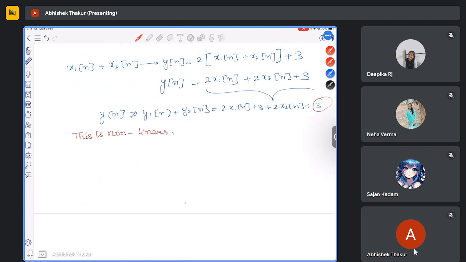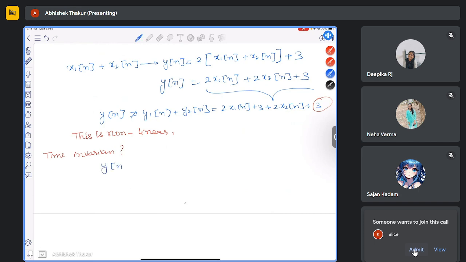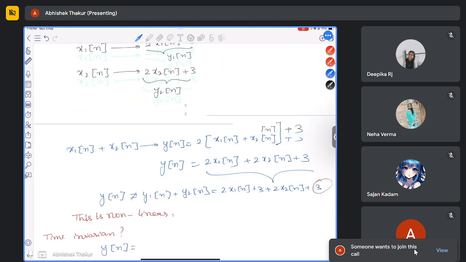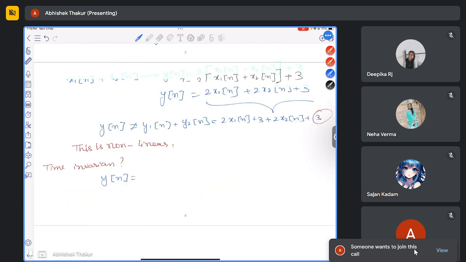Now we will check whether it is time invariant or not. So y[n] is given in the question as 2 x[n] plus 3.